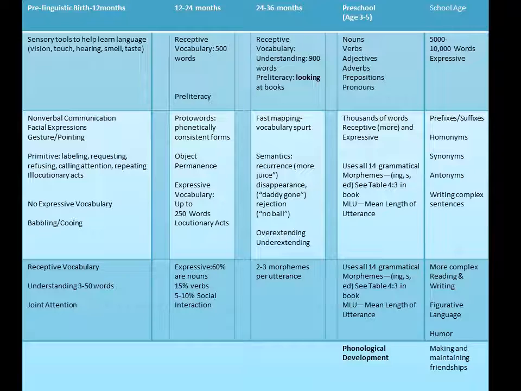Another skill that's happening from 24 to 36 months is something that's called fast mapping. And we know that this skill involves a vocabulary spurt. So they're able to start producing new word after new word after only hearing it one or two times.